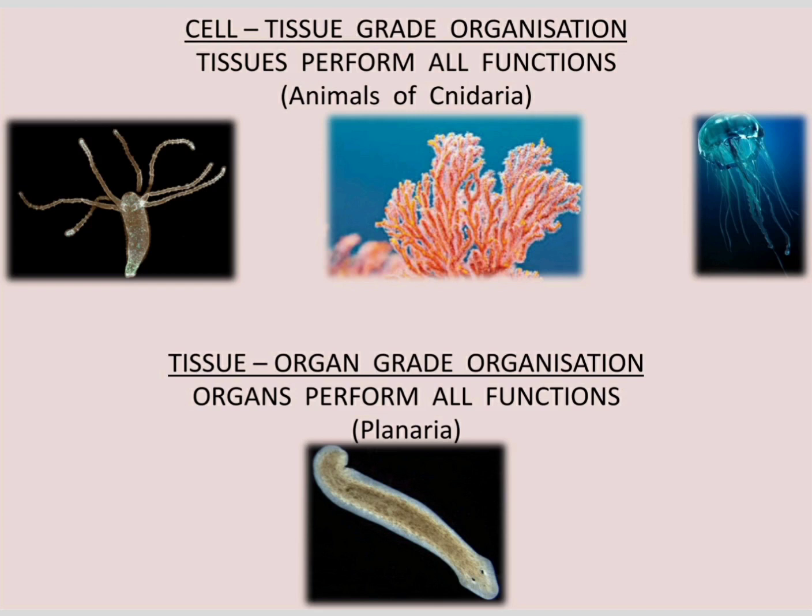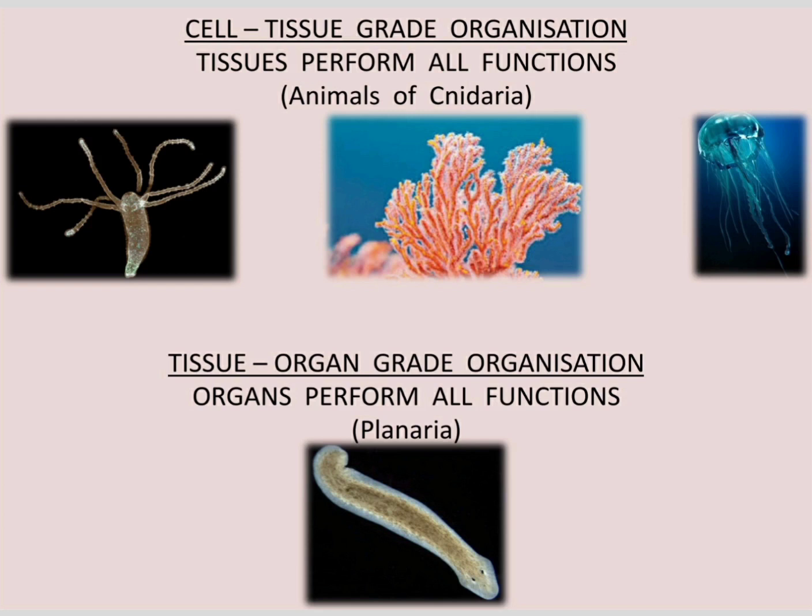Next, we move on to cell tissue grade organization. Now, in this, we see that the animals have cells and the cells come together to form tissues, but organs are not present. So the different work which is required to be done by the organism for its survival is done by the cells and by the tissues.